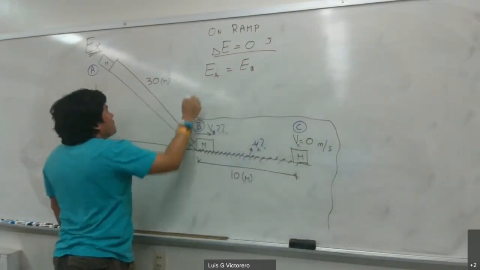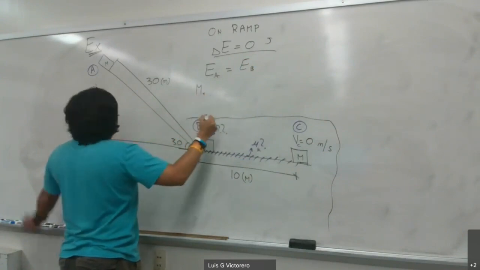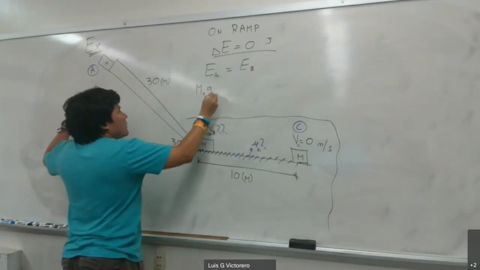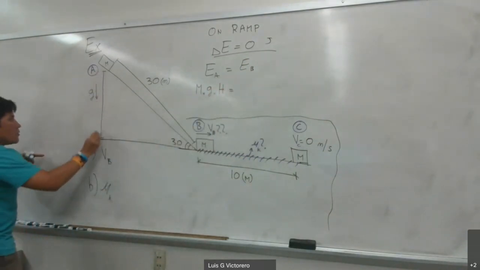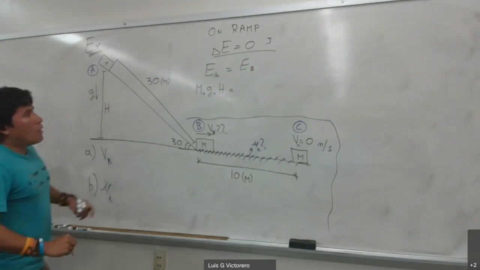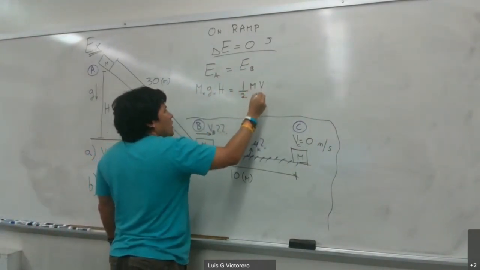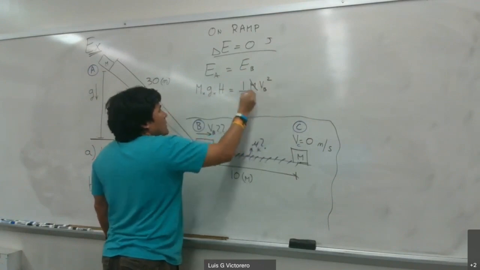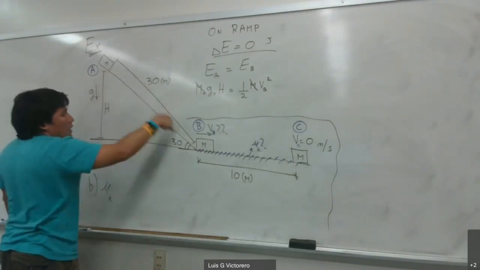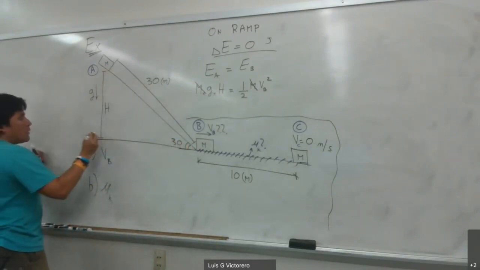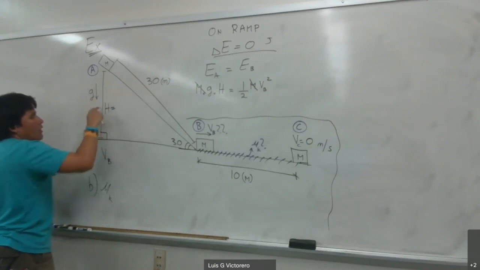Now, what's energy at A? The mass of the body times the gravity times h, which is this. You don't know. And what's the energy at B? 1/2 the mass of the body times the velocity at B squared. So the mass cancels, but we don't have h. But wait a second. I have the angle and I have the hypotenuse. So the value of h is 30, like 2, like 1, like √3.